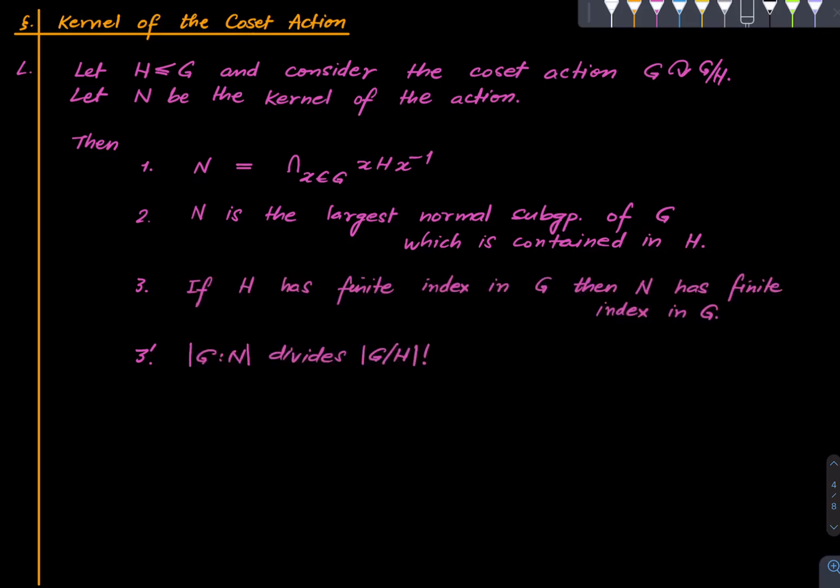Now we have two more things, but they are quite related, so let's prove them in one shot. If H had finite index in G, meaning if this was a finite set, then N is also a finite index subgroup of the group G. And more strongly, we will show that the index divides this finite number. So let's do this.